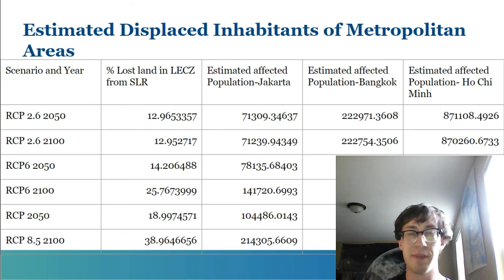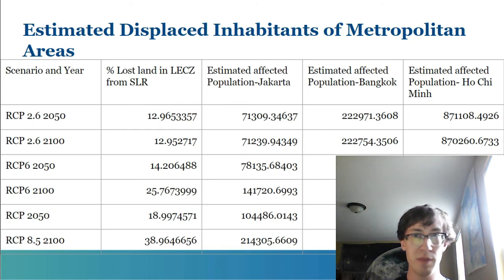So in the worst case scenario, Jakarta is going to be the most safe out of the three cities I looked at, with only 214,000 people affected. But that being said, it's 214,000 people which are going to have to be relocated because of land loss due to sea level rise.